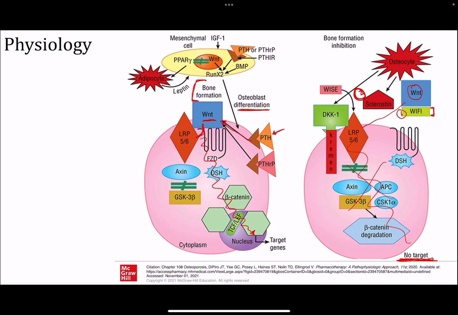This also is going to prevent WNT from binding and causing this cascade of events. So from looking at this, we already see where we can use drugs to either mimic some of these markers or mimic some of these signals to either help promote osteoblasts or stop osteoclasts from going overboard.